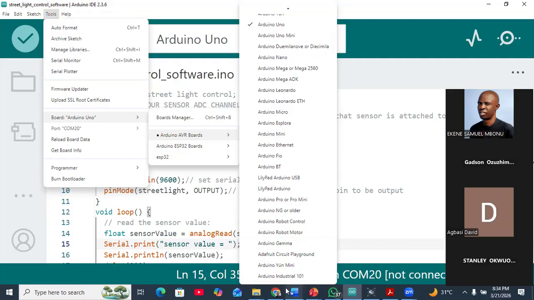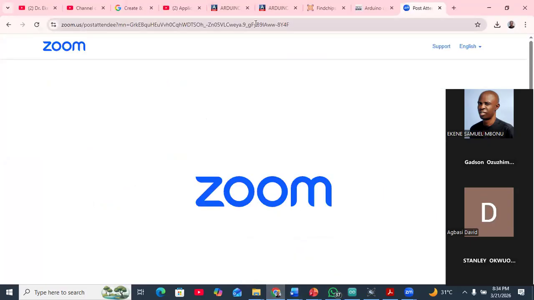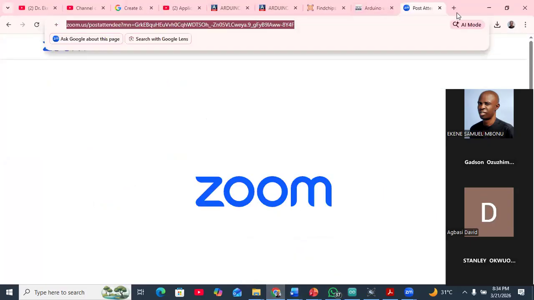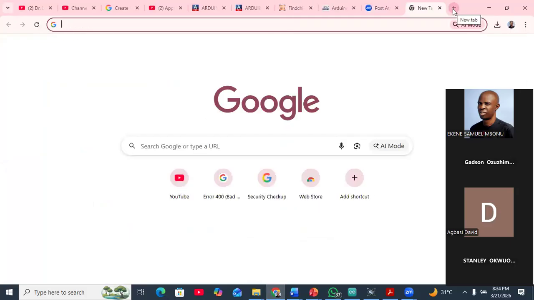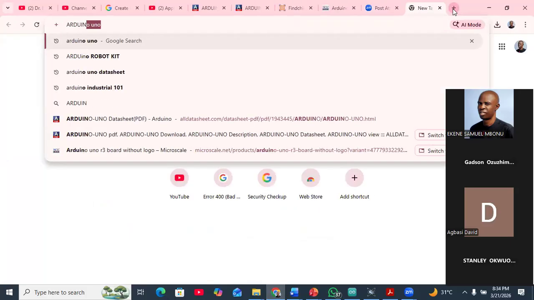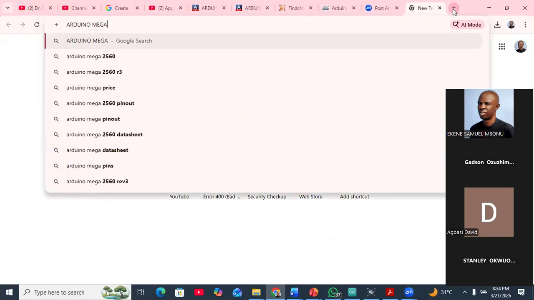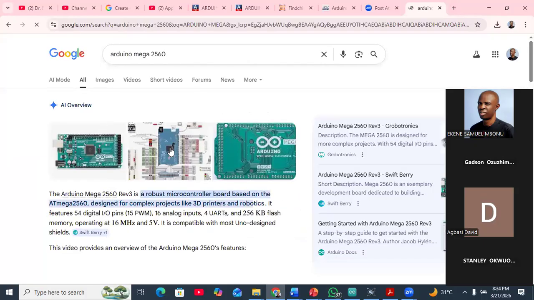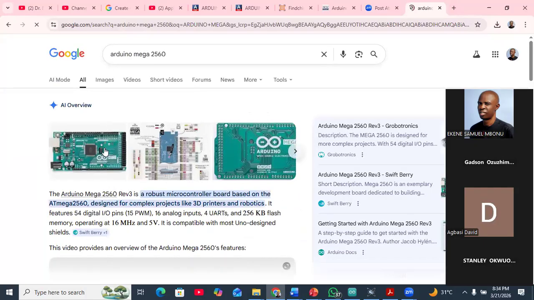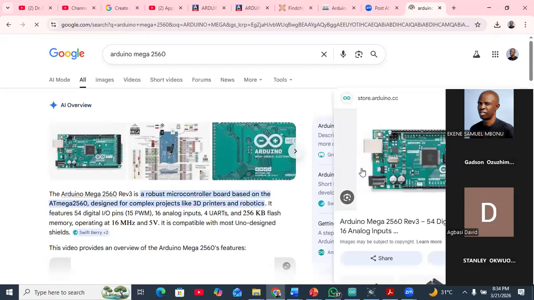For example, if we check Arduino Mega, you can see this is Arduino Mega.